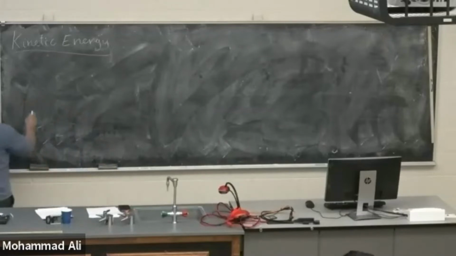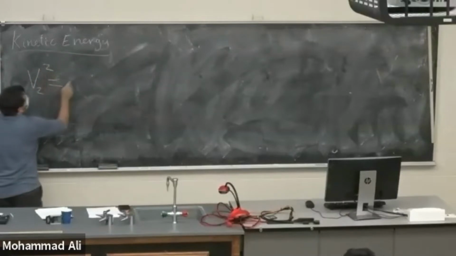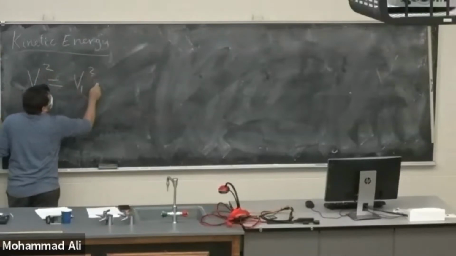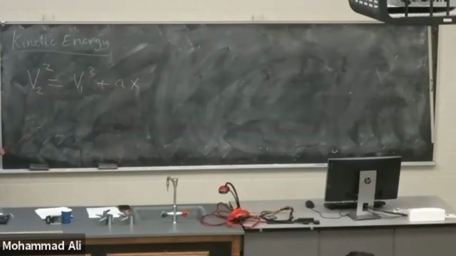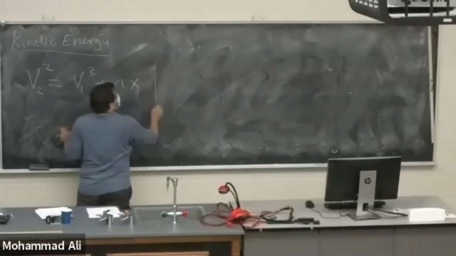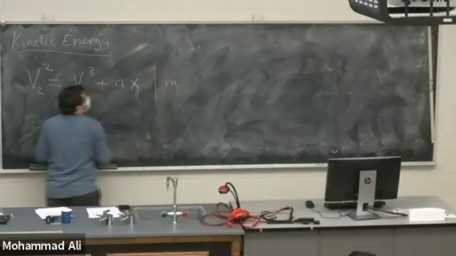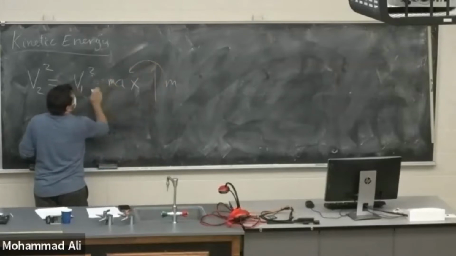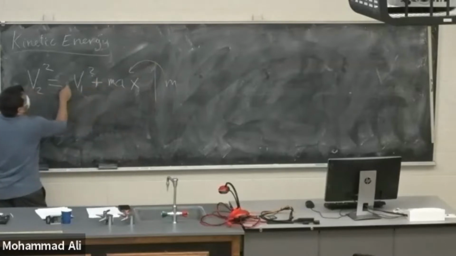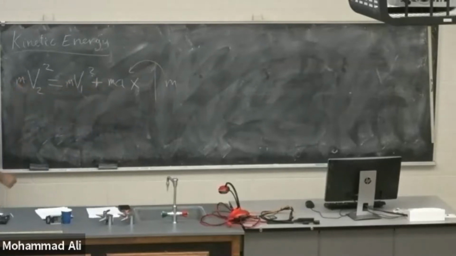Now, all of us know this equation. V2 squared is equal to V1 squared plus 2AX. Right? What if we multiply by the mass M? Multiply everything by M. So we will put M here, here, and here.